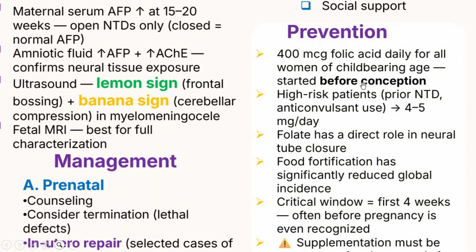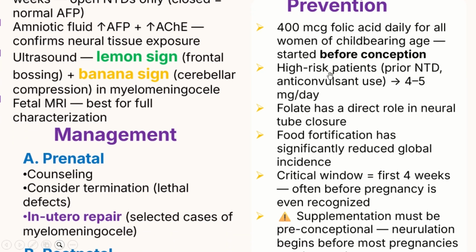Then prevention: 400 micrograms of folic acid for all women of childbearing age has to be started before conception, because by the time someone realizes they're pregnant, neurulation has already taken place. So you want to start this before conception. In high-risk patients that have had prior neural tube defects, you give about 4 to 5 milligrams per day of folate to supplement them.